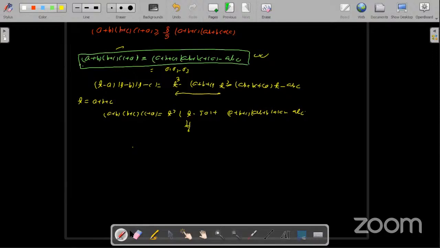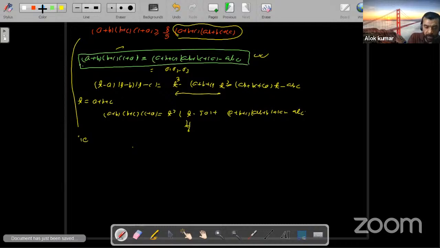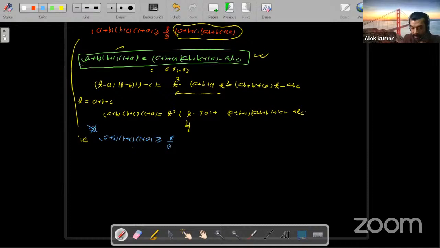Okay. Now it is easy because I have to prove this. I know that this is equal to this. So I will replace this part by the other thing using this identity. So proving this is equivalent to proving (a+b)(b+c)(c+a) greater than or equal to 8/9 times (a+b+c)(ab+bc+ca), and this I can write as (a+b)(b+c)(c+a) plus abc.